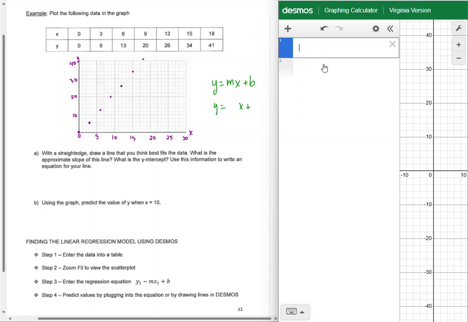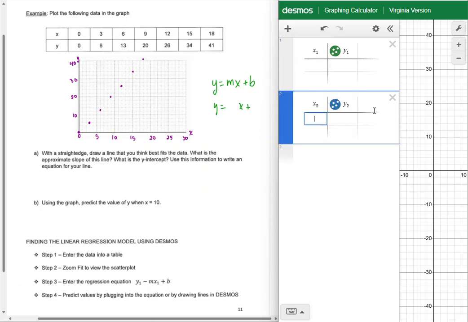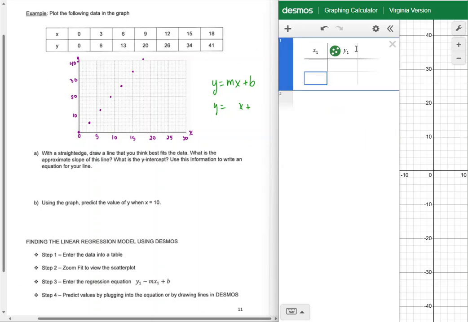I'm going to press the plus button right here and then plug in a table. It's going to tell me to put all my x values and my y values. x1, y1 just represents this table right here, because if I put in another table, it'll be the second table. So the 1 and the 2 are just naming the different tables, but I only have one table, and that's what I'm going to use.